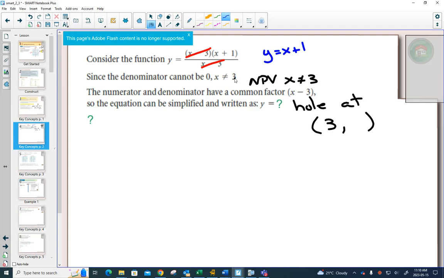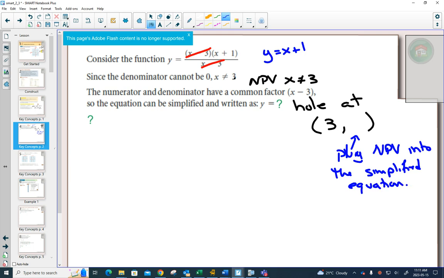And the y coordinate of the hole, you can find this way: plug your non-permissible value into the simplified equation. So if I plug 3 into the simplified equation, I'm going to get (3, 4).